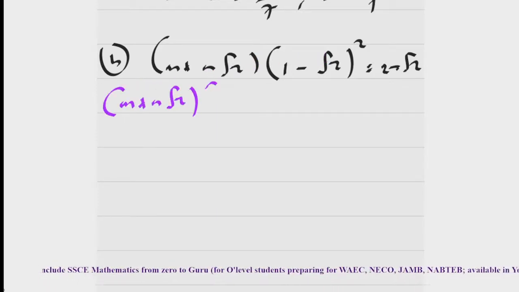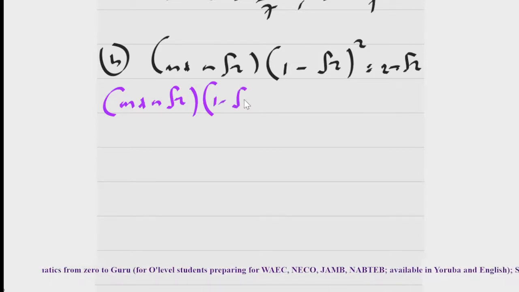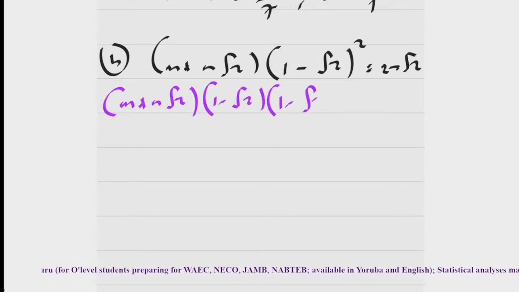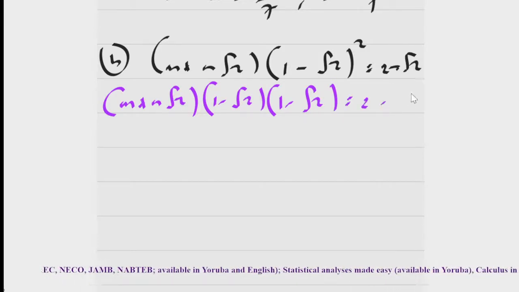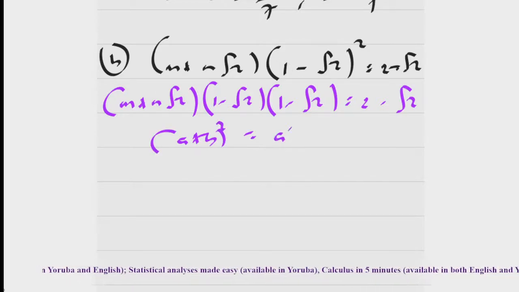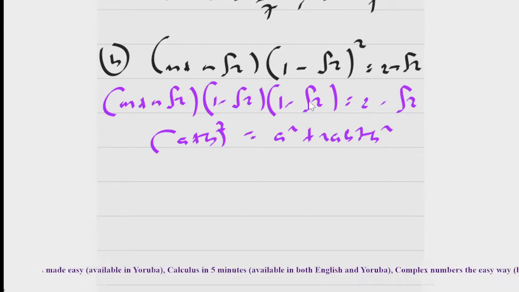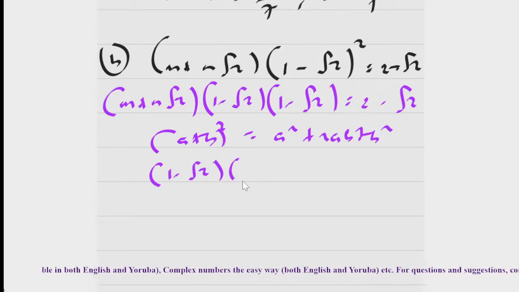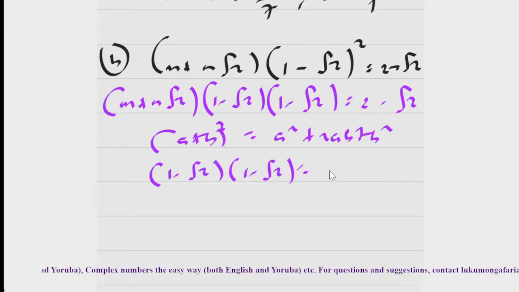It is the same thing as 1 minus root 2 times 1 minus root 2, and that is a perfect square, right? Recall that a plus b, everything squared, is a squared plus 2ab plus b squared. So you can use that to expand that. But if you don't want to stress yourself, 1 minus root 2 times 1 minus root 2 will be 1 squared. You understand now? So minus 2 into what?